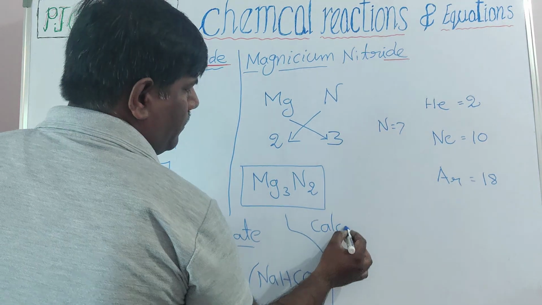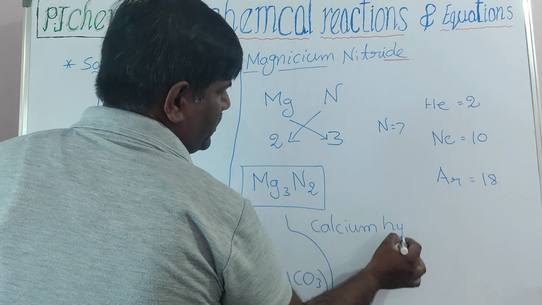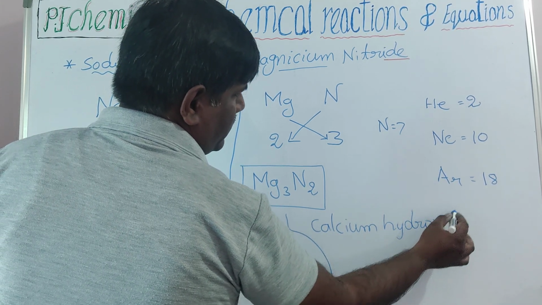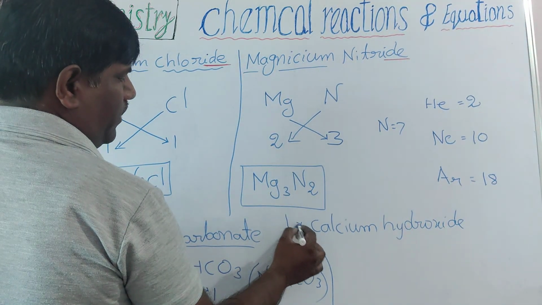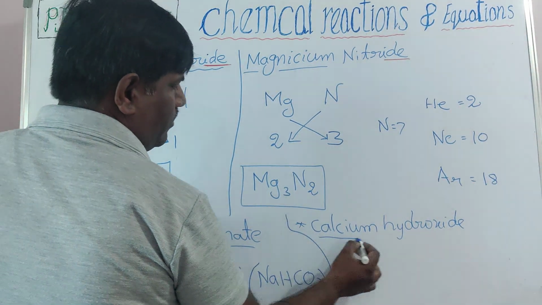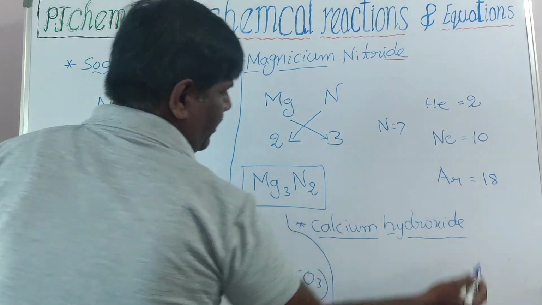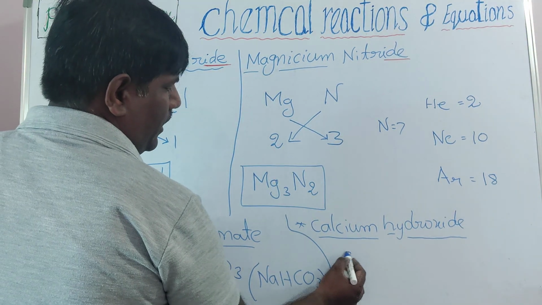Next, calcium hydroxide. Given the formula, make it two parts: calcium element and hydroxide ion. The symbol of calcium is Ca.